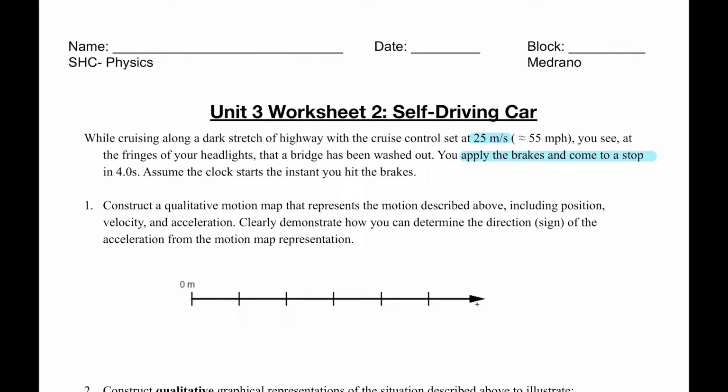So this motion is going to be slowing down. The time it takes for us to do that is 4 seconds, so our time from start to end is 4.0 seconds, and that's our delta t.